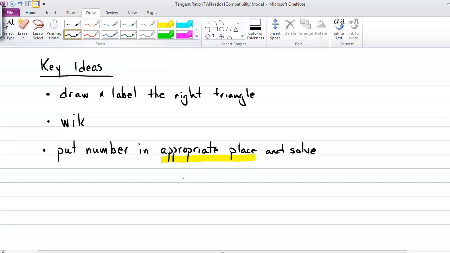And the appropriate place then turns into, well, is it the angle? Or is it the opposite? Or is it the adjacent? And as long as you put it in the right place, algebra or arithmetic are the only things that are going to cause you troubles.